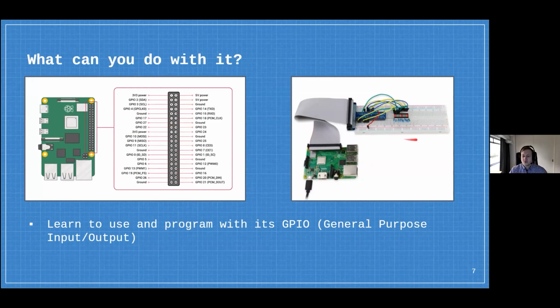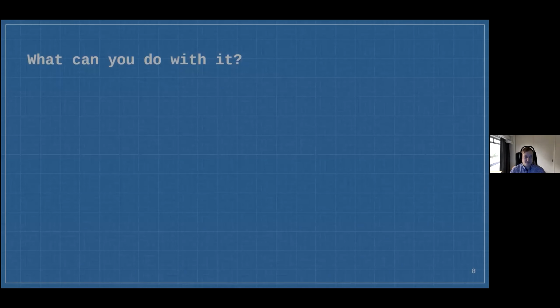You can see this in the picture on the right, where it uses an extension cord and a so-called breadboard, which is this, where you can just connect all the wires. You can also do this with the other model that I've shown, where it would plug into here. This is really interesting because I myself didn't have any experience programming hardware before, and it's a really interesting process and a really interesting task to take up.